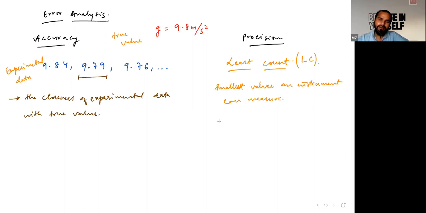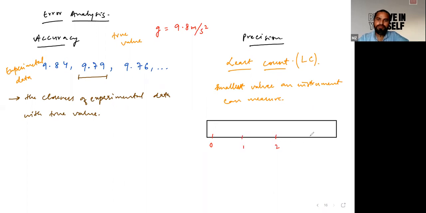Suppose you must have been using your ruler from your childhood. There were some marked positions like 0, 1, 2, 3, and so on. In any two consecutive marks, there must be 10 gaps, 1, 2, 3, 4, 5, and so on.